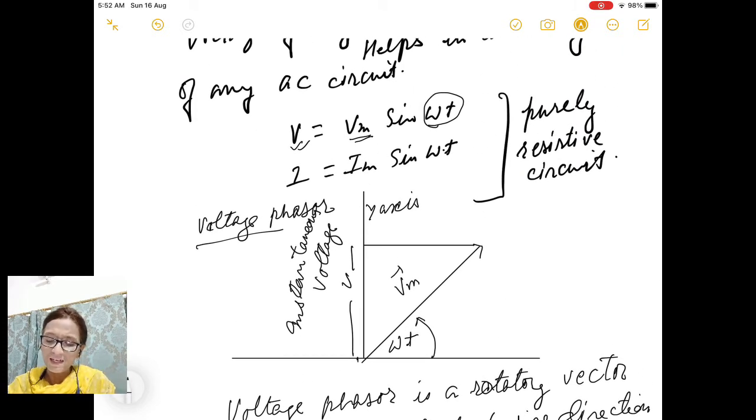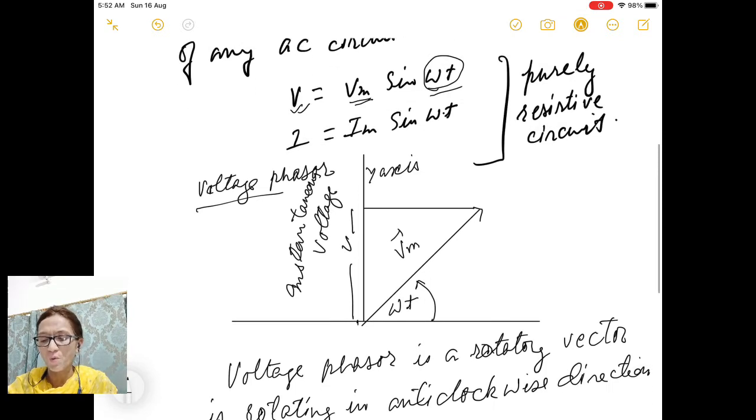And at a certain time it is making an angle equal to the phase angle of instantaneous voltage, that is omega t.